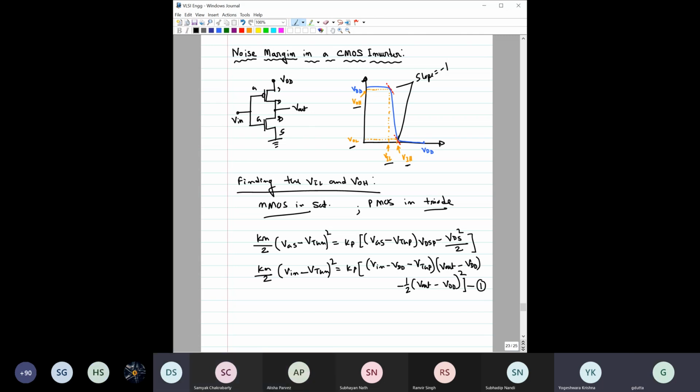Where should the mod be? Basically, every quantity should be positive. Like Vin minus VDD minus VTHP, this whole term should be positive. Vout minus VDD, this whole term should be positive. If they are negative, we have to take the mod.